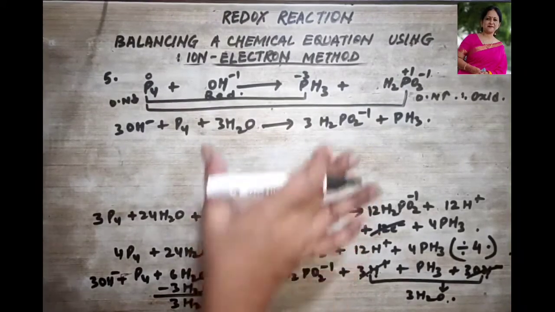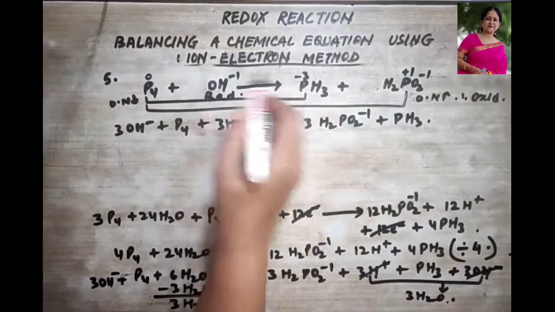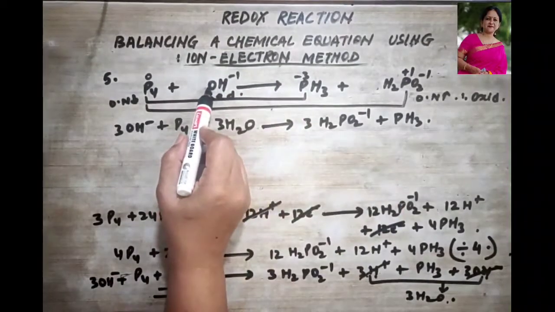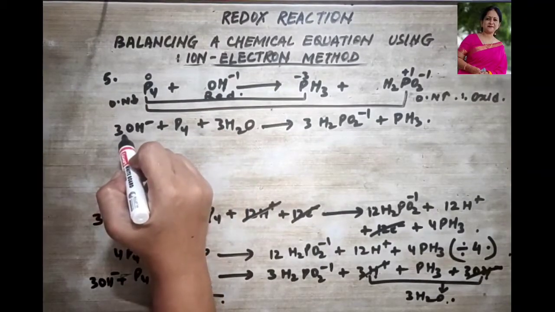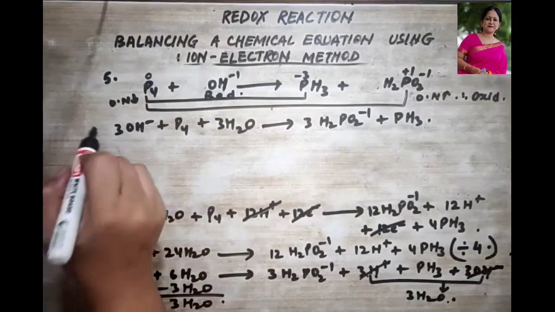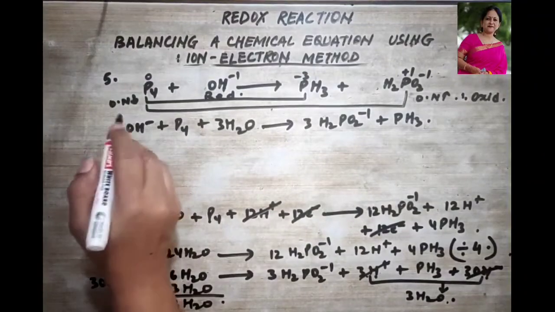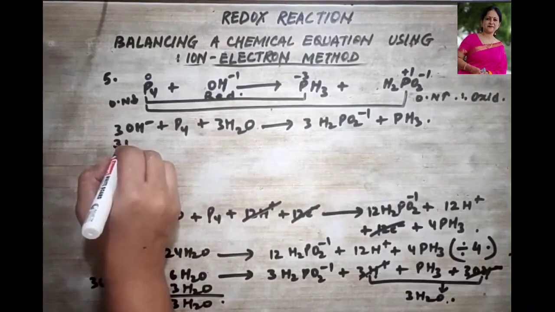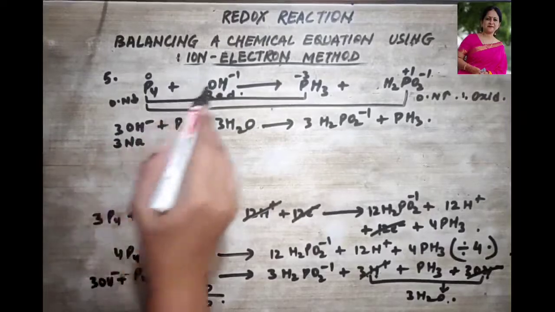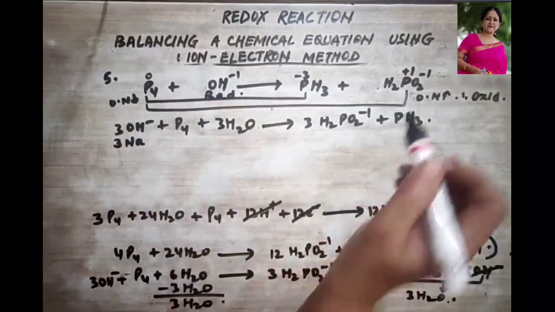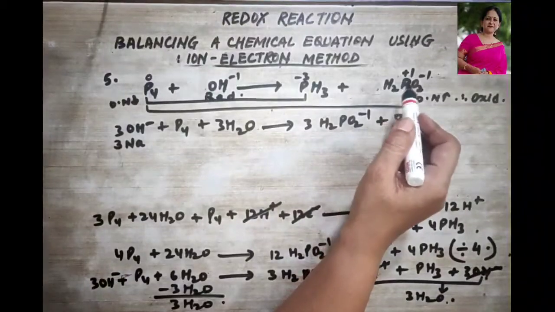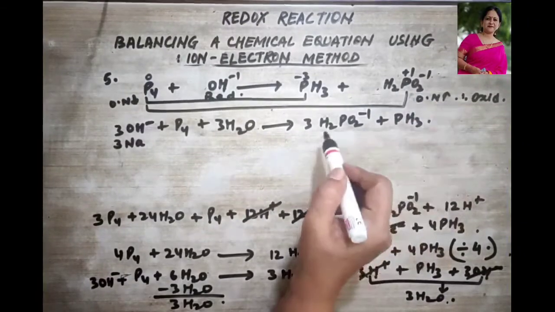Okay. Now over here I have to add my sodium. So sodium has to be added where? To the OH ion this side. Where is the OH ion? Over here. How many atoms of sodium do you require over here? We need 3 sodium over here. That is going to give you 3 NaOH. Over here sodium has to be added to H2PO2.